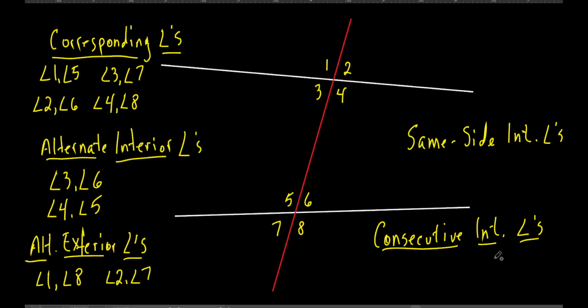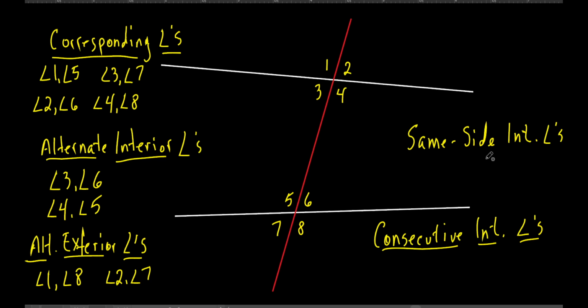Now, this is what the book's going to say, all right? So we will refer to consecutive interior angles, but I just want you to look at this word and see which ones are interior and which ones are on the same side. The same side of what? The same side of the red one, but what do we call that red one? A transversal, very good, okay?